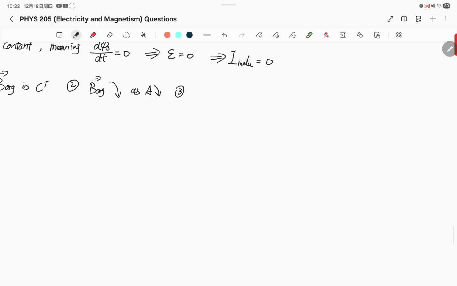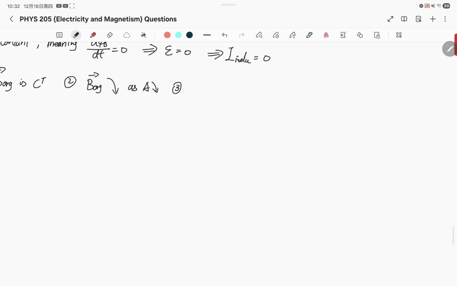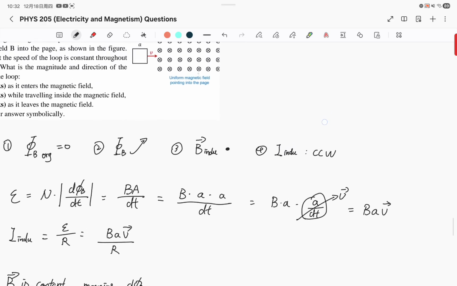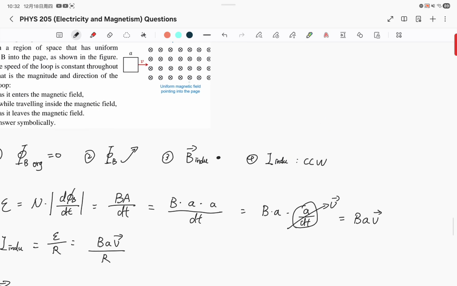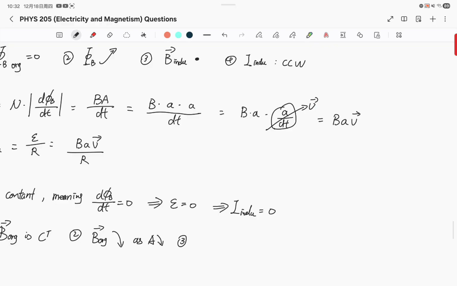According to Lenz's law, when the field decreases, you're going to cause an induced field in the same direction. Remember this: when the field increases, like in A, the induced field is in the opposite direction, and when the field decreases, the induced field follows the same direction.